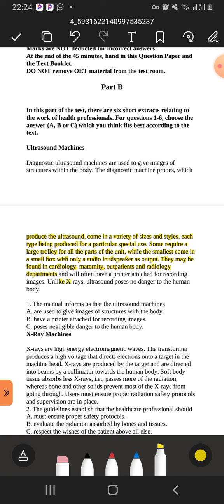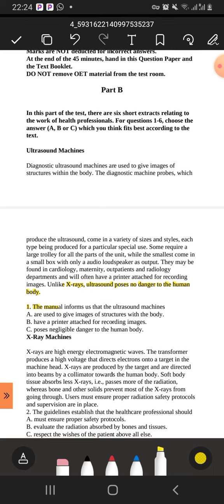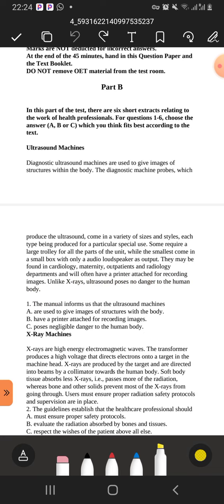So the last one is telling us that unlike X-rays, ultrasound machine possesses no danger to human body. So the last one is telling us about how safe it is, the safety.